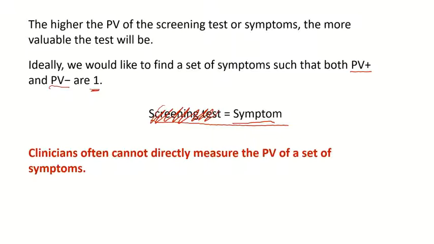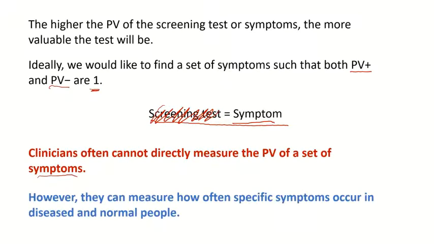Clinicians or doctors often cannot directly measure the predictive value of a symptom, but they can measure how often specific symptoms occur in diseased and normal people. So before we continue, I hope you get where we're going here. First, we started with screening tests.